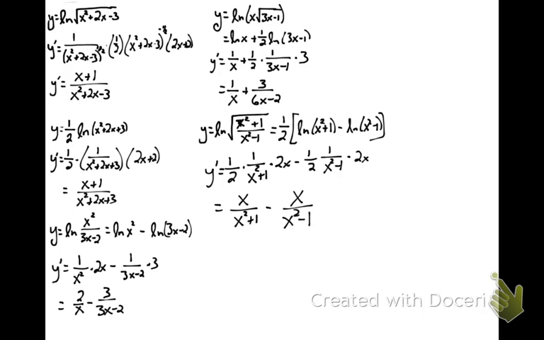Let's get a new screen. All right, this here is a frightening looking function to take the derivative of if you don't know natural log rules, because it's the natural log of x times the quantity x squared plus 3 cubed, all divided by the cube root of 2x squared plus 4.